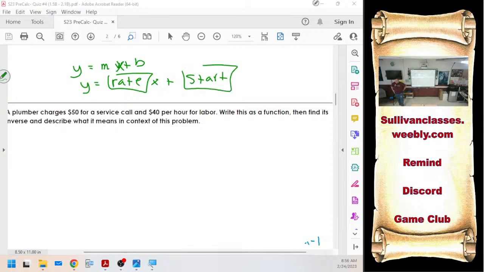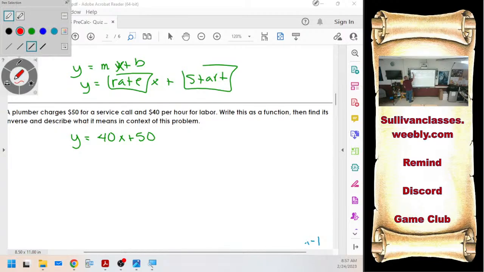Slope is a rate of change, so it can also be a rate of pay or a rate of cost. Now, I don't want to leave it as y = 40x plus 50 because we're going to have a function and its inverse.